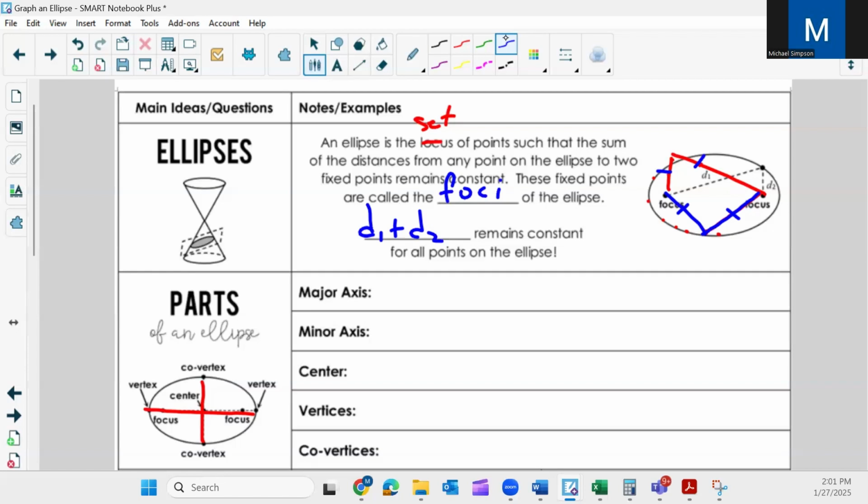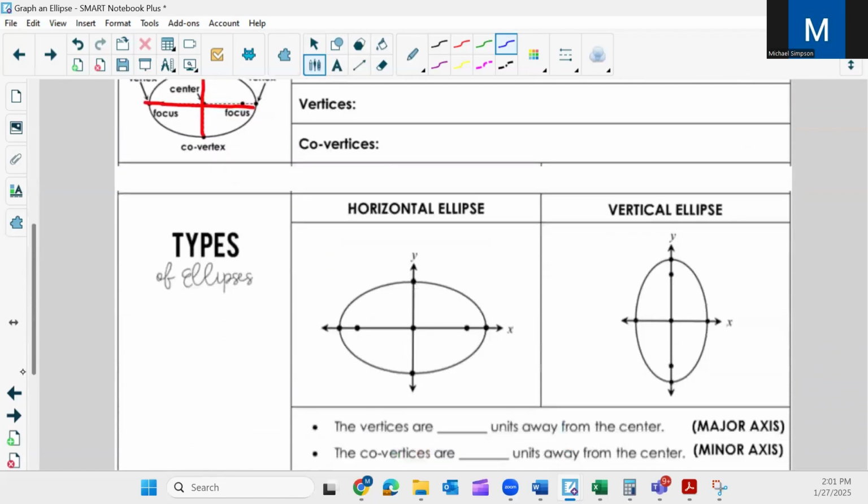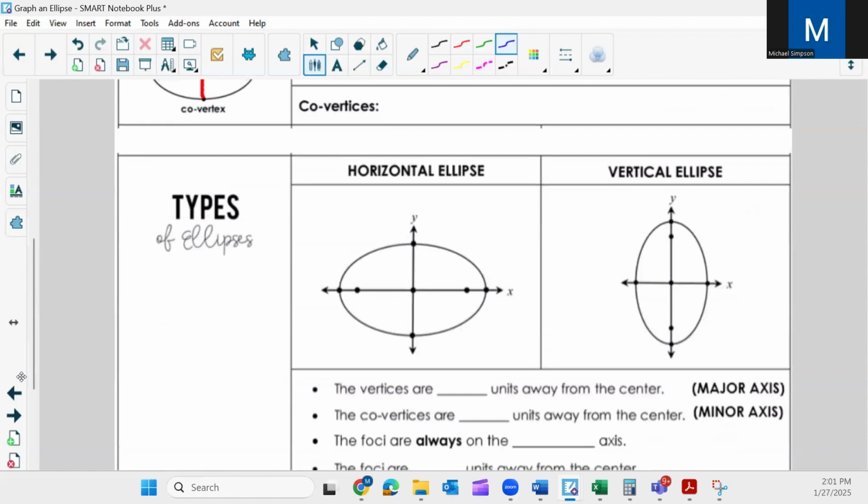All right. Here we go. And so now, here are 2 ellipses: a horizontal ellipse, you can see, because this axis is longer, right? And this is a vertical ellipse, because that axis is longer. Okay. The longer axis, we call it the major axis. That is a major axis, all right? This is also your major axis, okay?